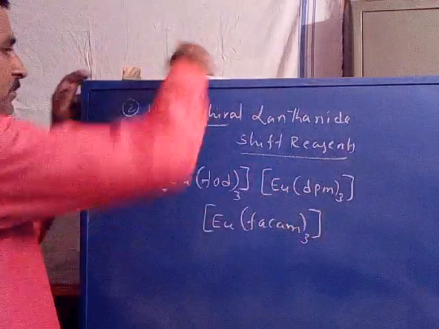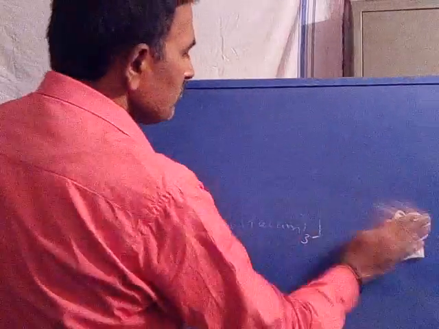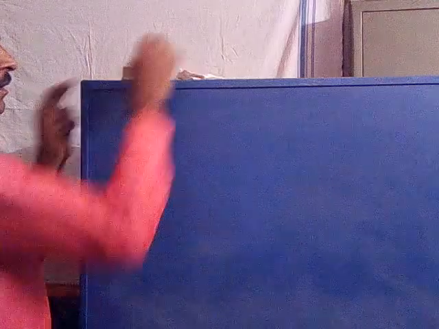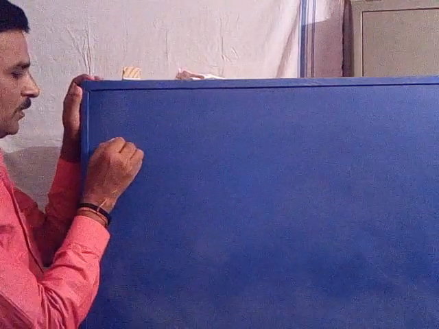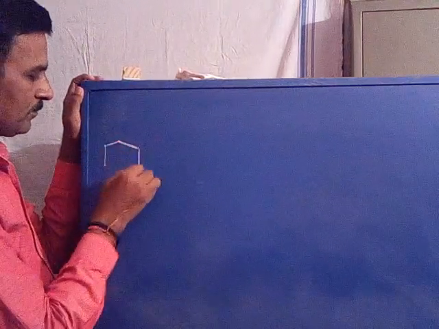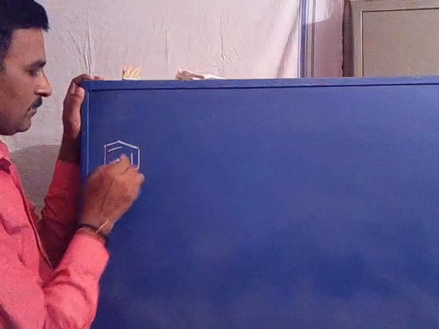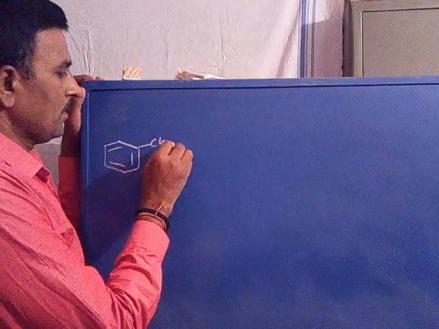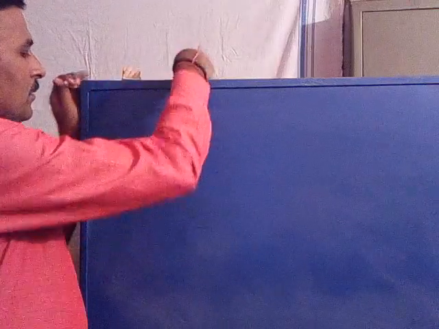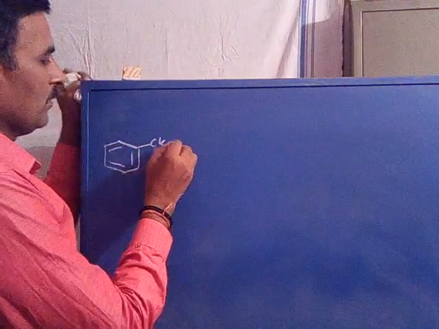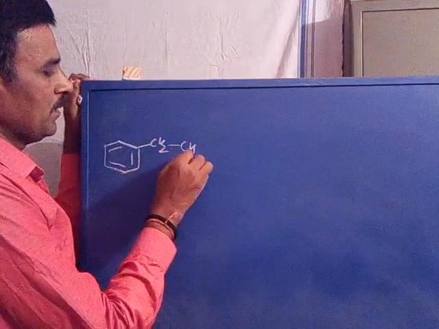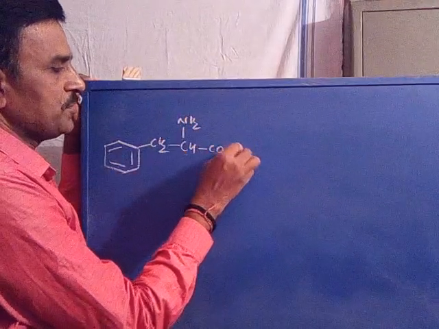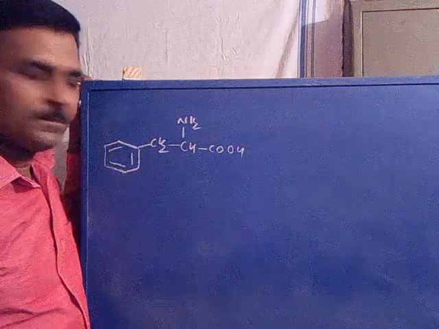For example, you take CH2 CH NH2 COOH. It is an amino acid.